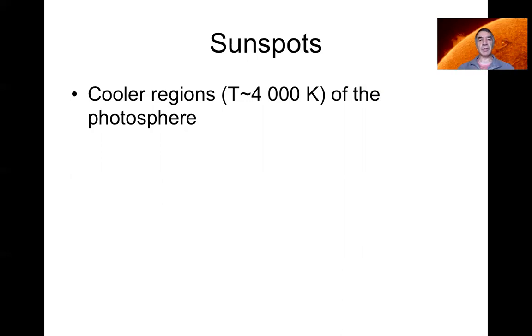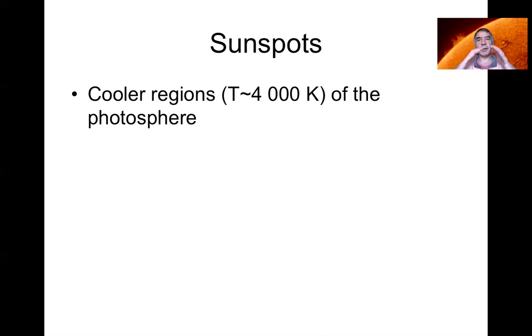Recall last time I said the photosphere, the yellow disk of the visible surface of the sun, has a temperature of around 5,800 Kelvin, whereas the sunspots are a couple of thousand degrees cooler than that, around about 4,000. And because the gas is cooler, it emits less radiation and therefore appears darker.